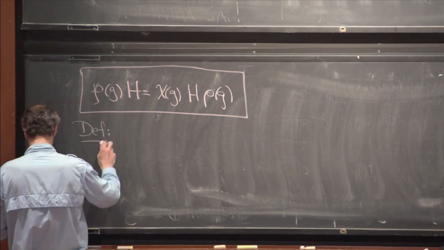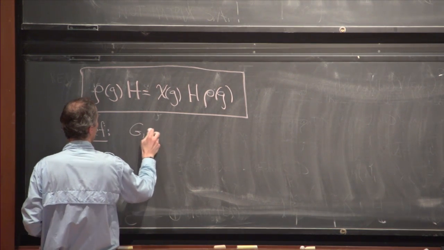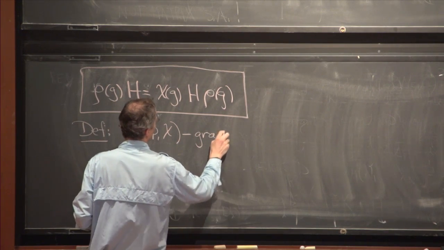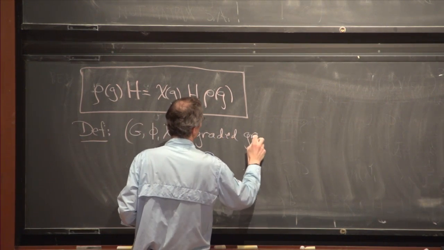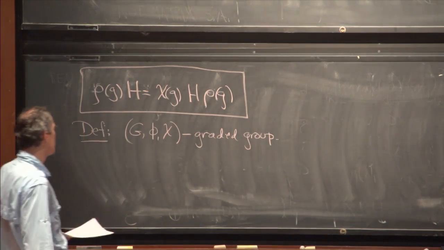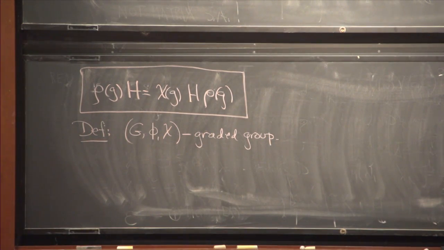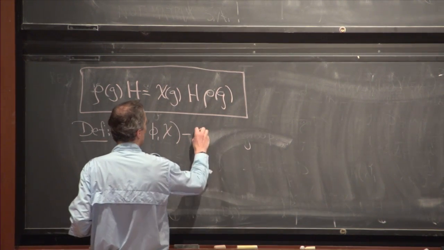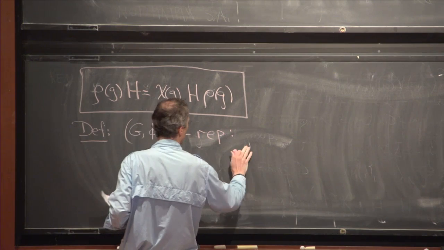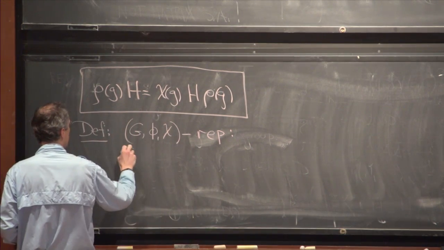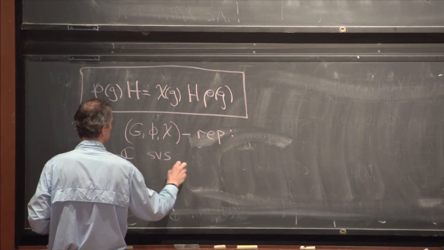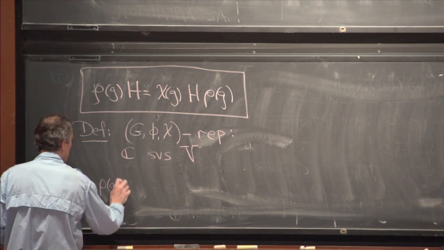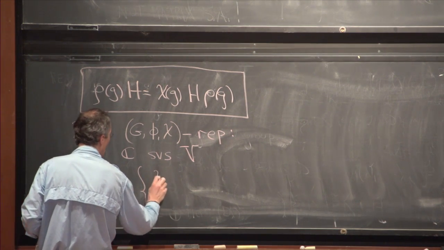So, definition. Suppose I have a G phi chi graded group. Okay? In other words, a Z2 times Z2 graded group. I'll say a G phi chi representation is a complex supervector space, V, such that rho of g is, well, it's a phi representation.